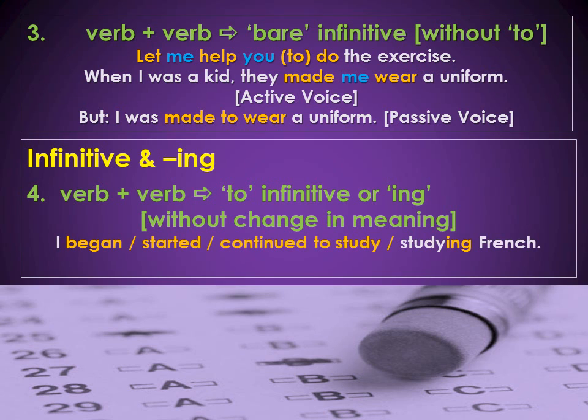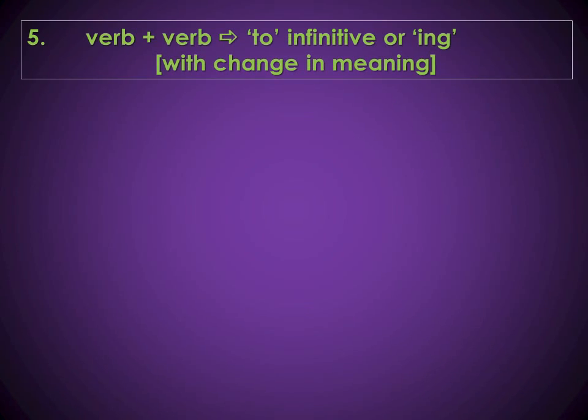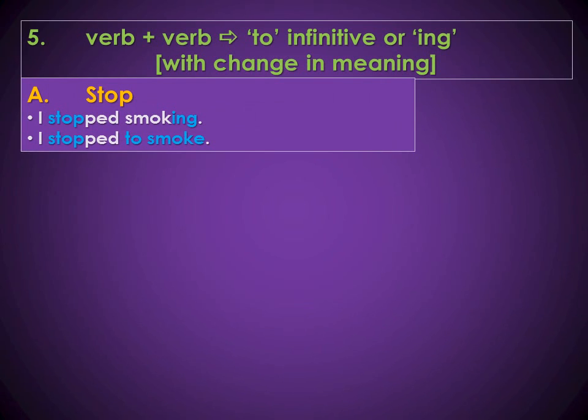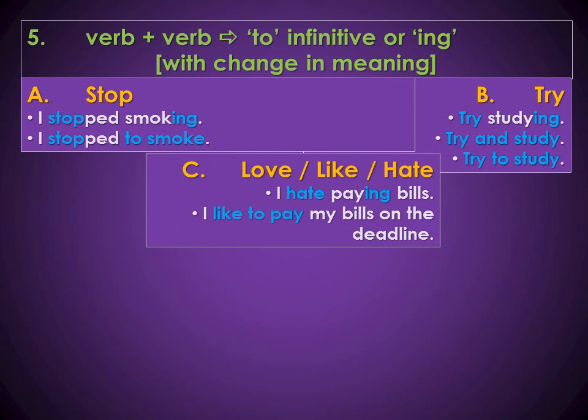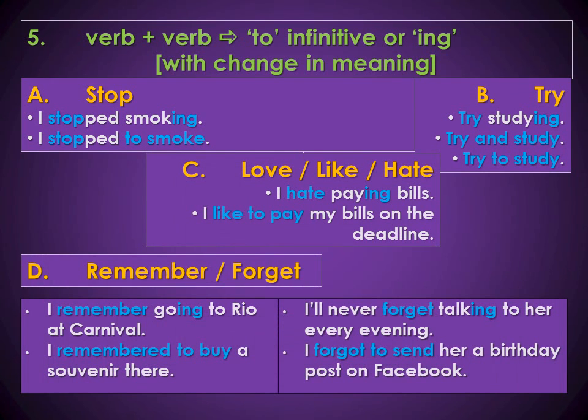We've discussed this before. If you were confused about bother, go double check it. Okay, verbs to infinitive or ing with changing meaning. We've talked about them in class, so try and remember the differences.